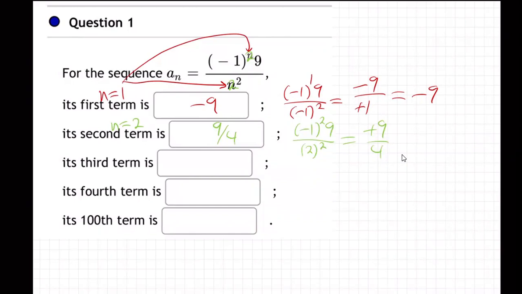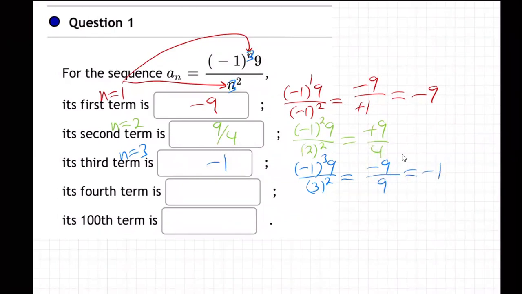Now we're going to go on for 3. Let's plug in n equals 3 here and here. So we'll get minus 1 to the 3rd times 9 over 3 squared, which is minus 9, right? 3 minus signs on the top makes minus, over 9, which is minus 1.